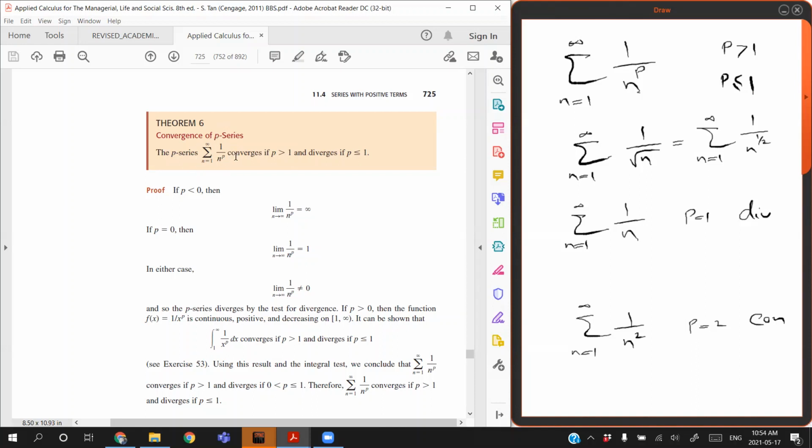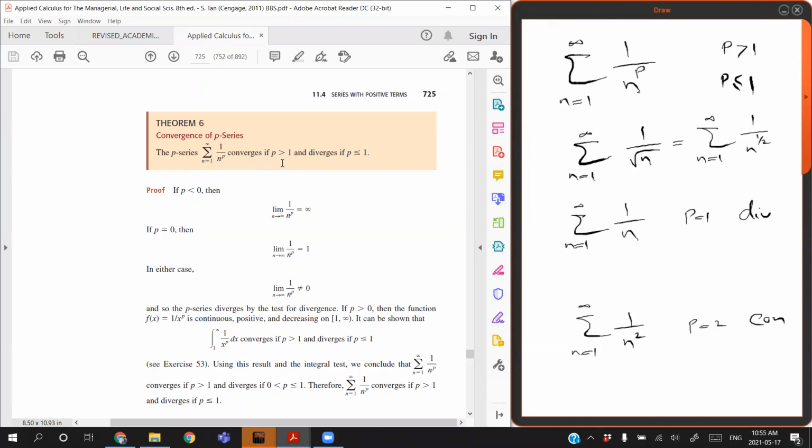What really matters for you guys is to practice enough so that by looking at the series, you can tell whether it's a telescoping one, or a geometric one, or a P series. The P series look like this. So I gave you 3 examples here. Just by looking at that and telling what P is, you can tell whether it's convergent or divergent.